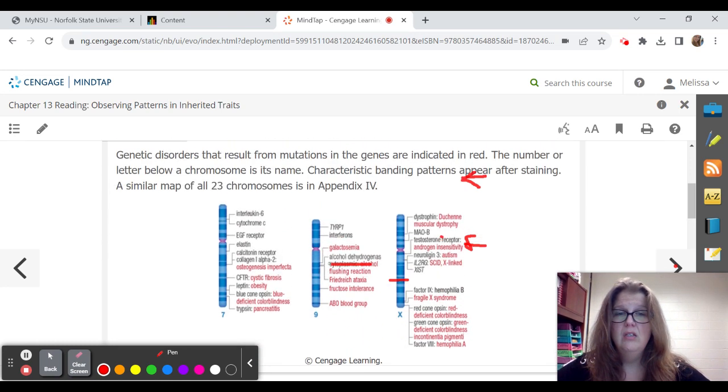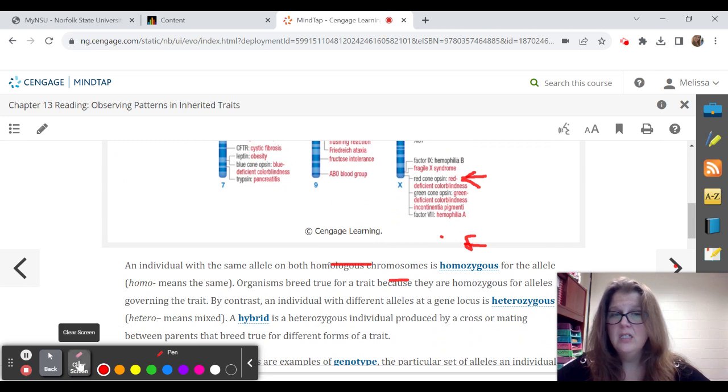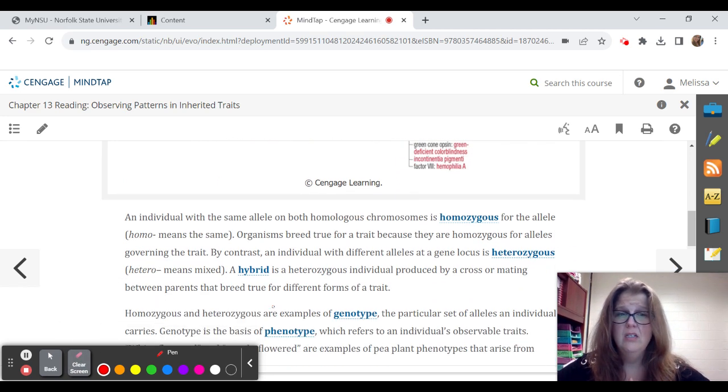So what happens is you do inherit different alleles. Remember, alleles are different forms of genes. We're going to talk about it in terms of being dominant or recessive.